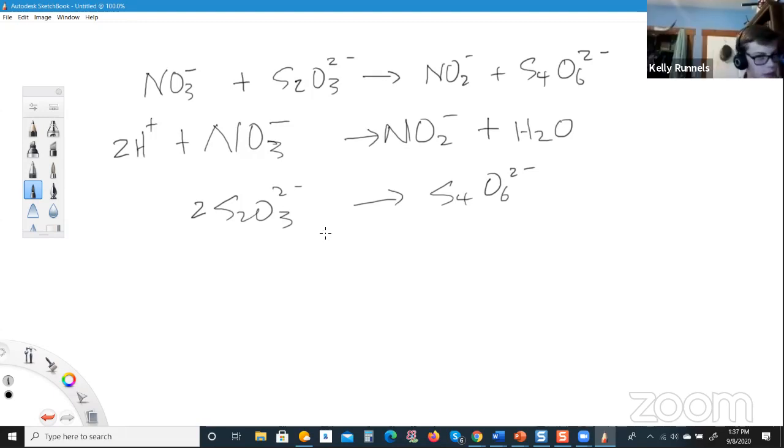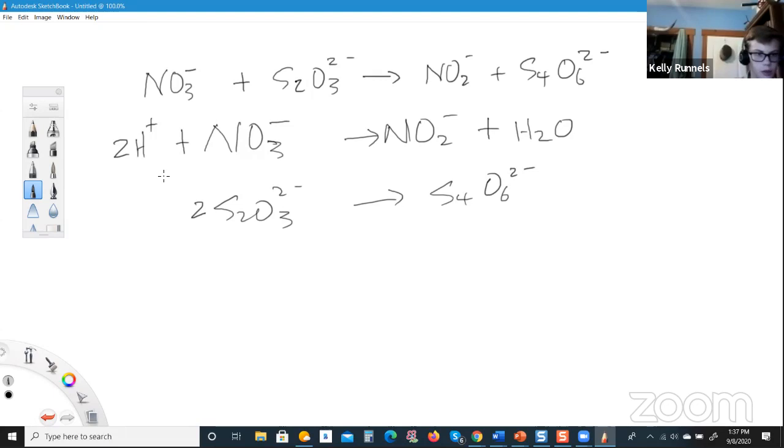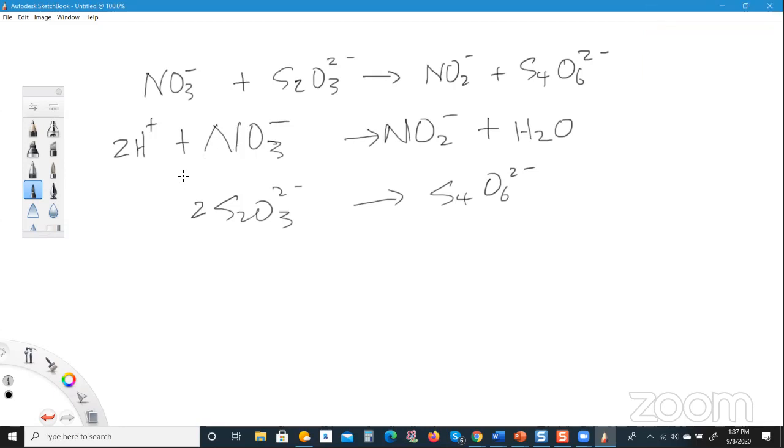Okay, so what's the next step? I think I finally got to balancing the charges this time. Very good. So how would we go about balancing the charges for the first half equation? All right, so the two hydrogen ions plus the NO3 ion makes plus 1 on this side.